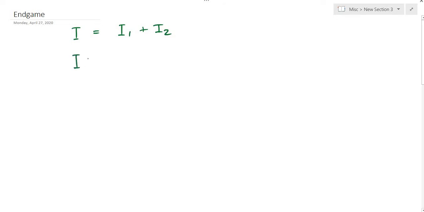So I is going to be, we know I1, it's exactly negative 1 over 2i times the natural log of 1 minus e to the ith power, plus 1 over 2i, that's I2.